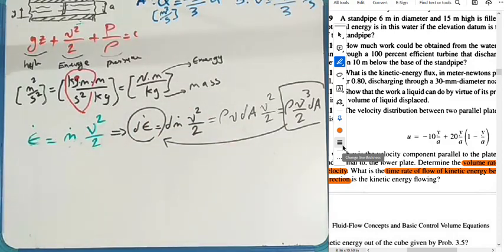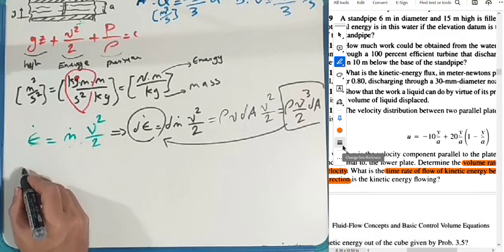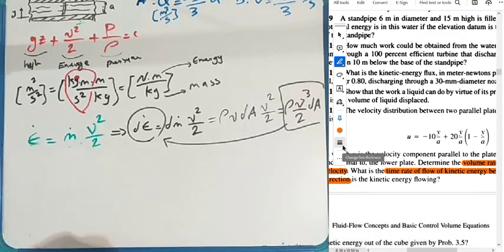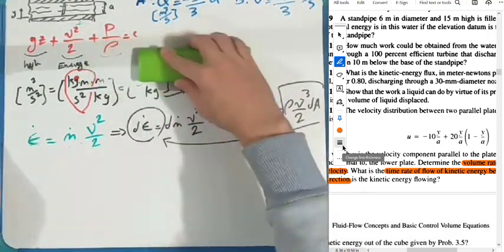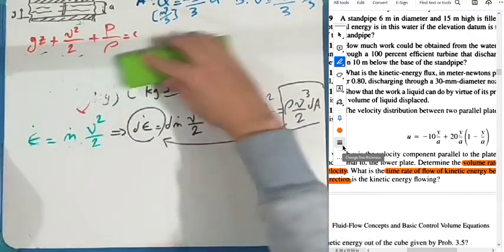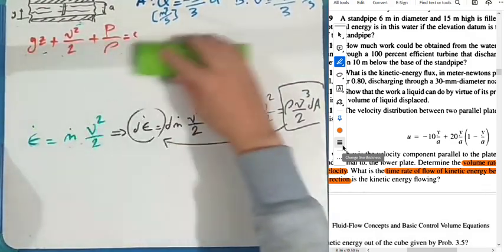But I'm not finished yet. I should find E dot, but I'm thinking about a place to write them. Let me erase these ones so I have a place to write.